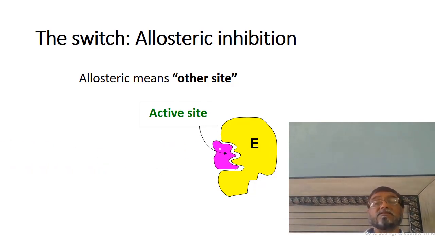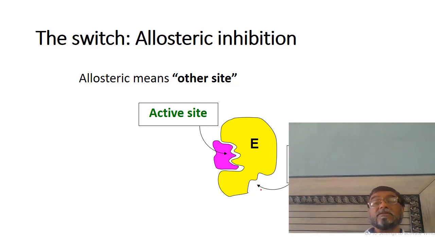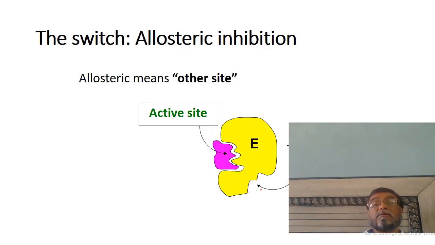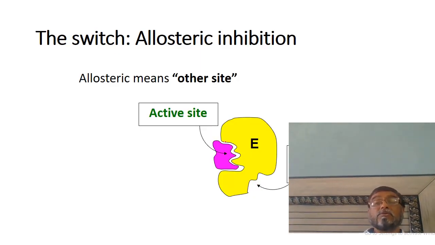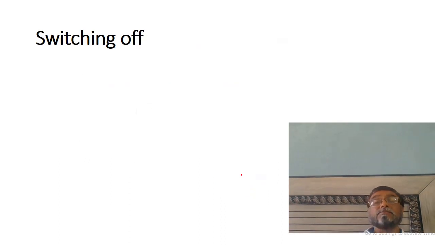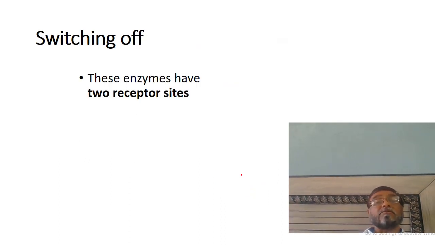So this is the substrate that combines with the enzyme. This one is the allosteric site. So this actually controls the configuration of the active site. When there is an attached molecule, the active site can be changed. So that switches off the working of the enzyme.